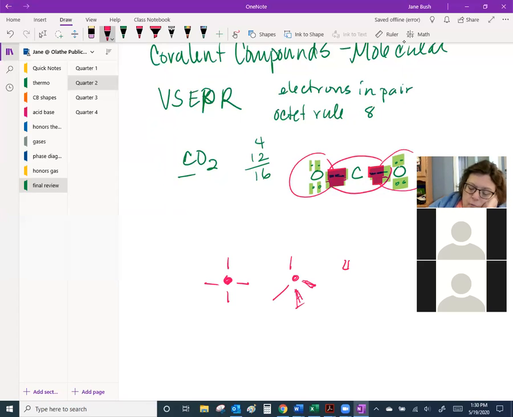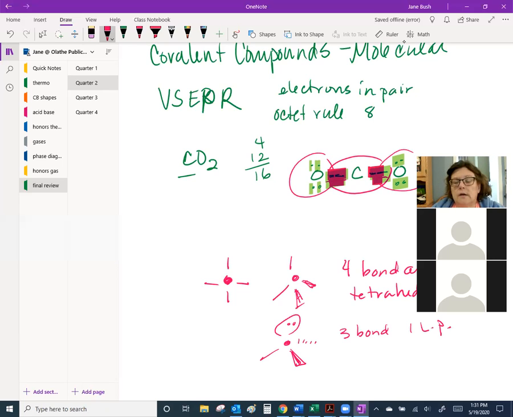So if you have 4 bond areas total, this is a tetrahedral. If you have 3 bond areas and 1 lone pair, so we have 3 bonds, 1 lone pair, we still have 4 total places for the electrons to be.